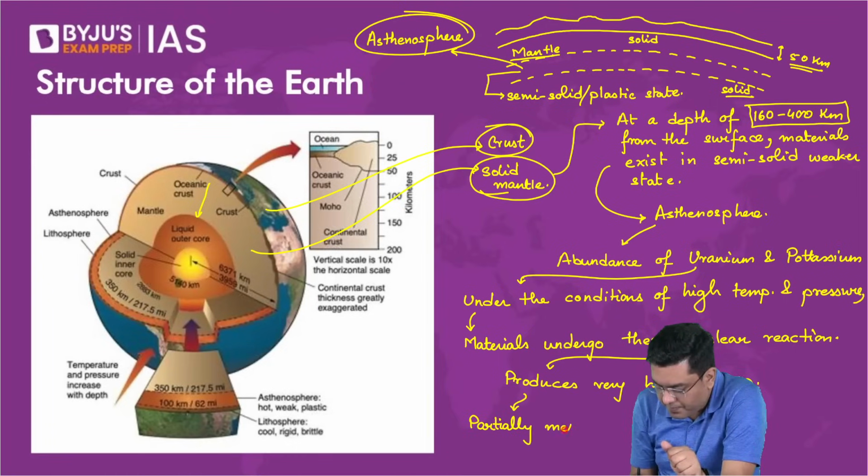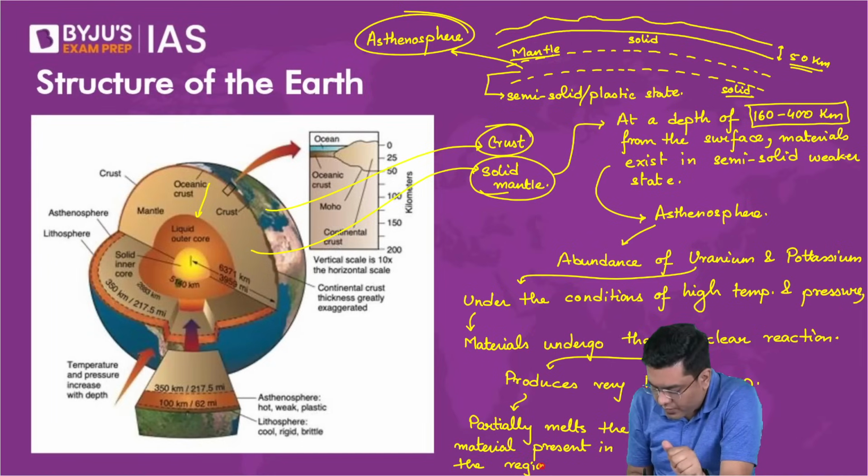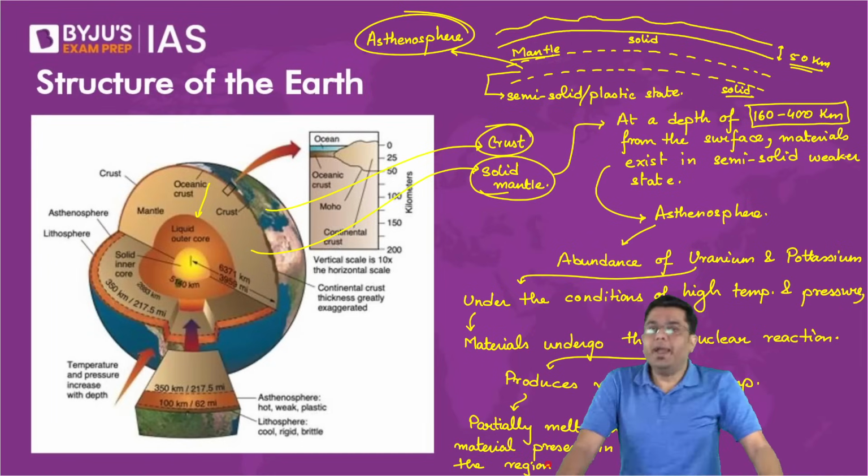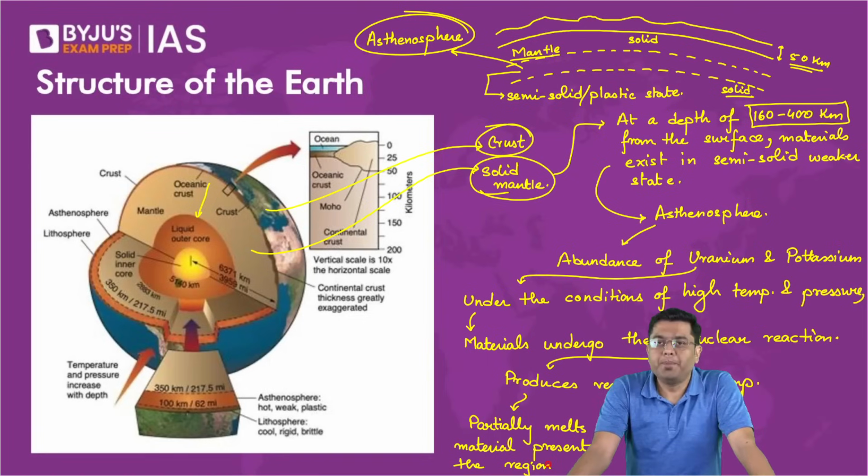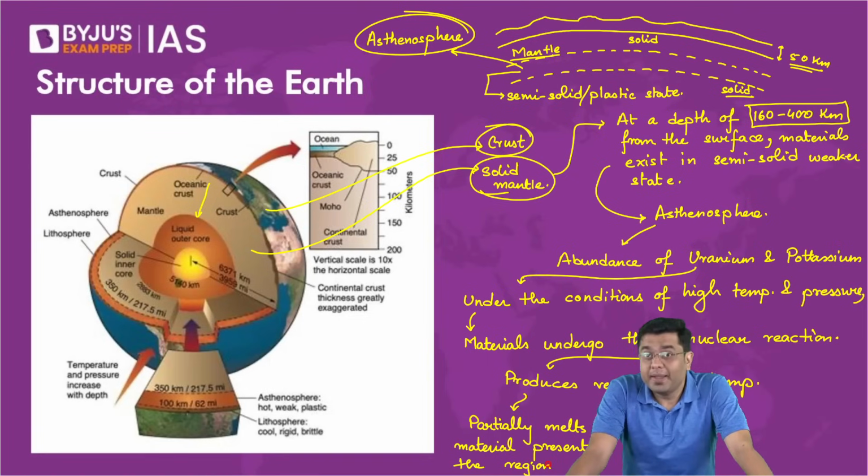So that is why the asthenosphere, which is present in the upper portion of the mantle, is in a semi-solid or semi-liquid plasticky state.